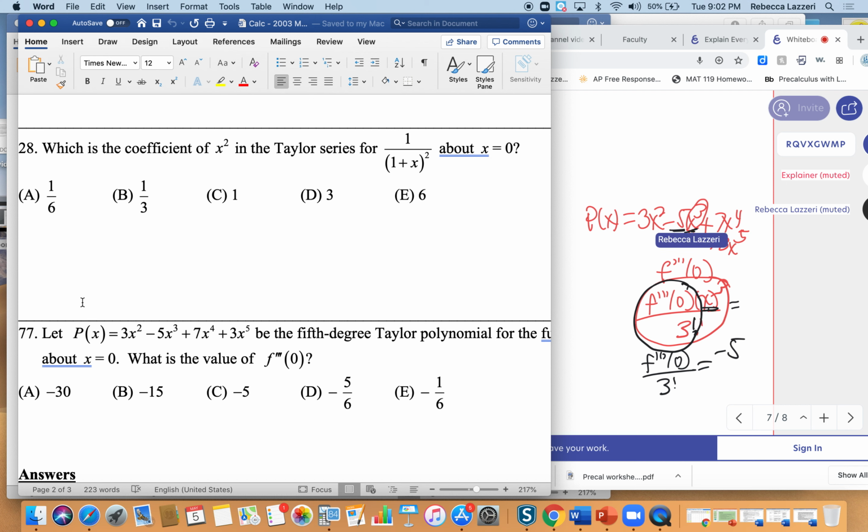So don't forget x cubed's coefficient is created by f triple prime of c times x minus c to the third, in this case 0, over 3 factorial. And that all must have worked out to be negative 5. So f triple prime of 0 is negative 5 times 3 factorial, which is 3 times 2 times 1, which is 6. So I get negative 30, and so it's answer choice A.